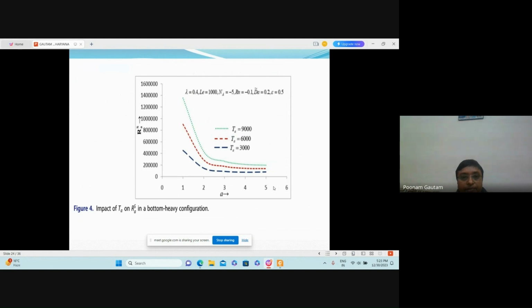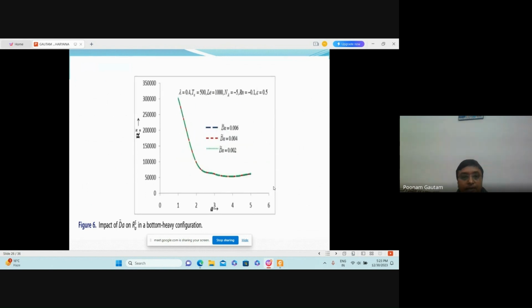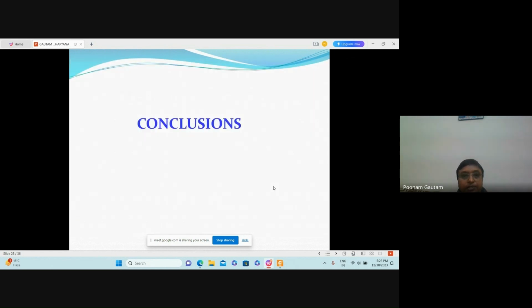So this case is for the bottom heavy, and this is the rotational part where the impact is also seen with the Jeffrey parameter, Lewis number, and the Rayleigh nanoparticles number. And this is for the Darcy number for the top heavy configuration.